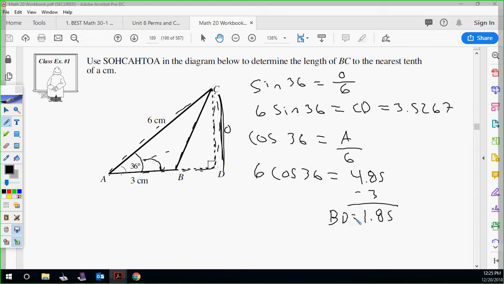Now, the reason I got BD is because now I can use Pythagorean theorem and find that hypotenuse. Okay, what hypotenuse? I'm talking about this side. Because right here and here. Okay, so you can go 1.85 squared plus 3.5267 squared equals 15.8753.